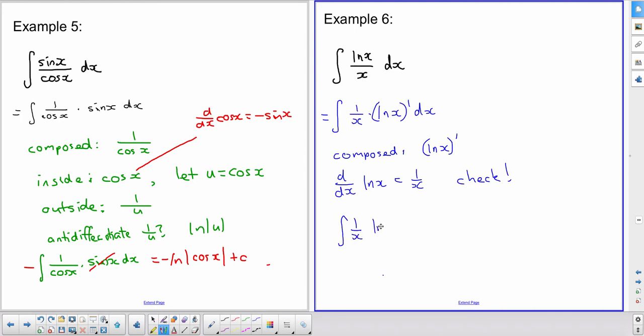And let's anti-differentiate the outside of the ln x function, which is raised to the power of 1, so raise it to the power of 2 and divide by 2, and plus c. Now to differentiate that, we find that we have ln x over x.